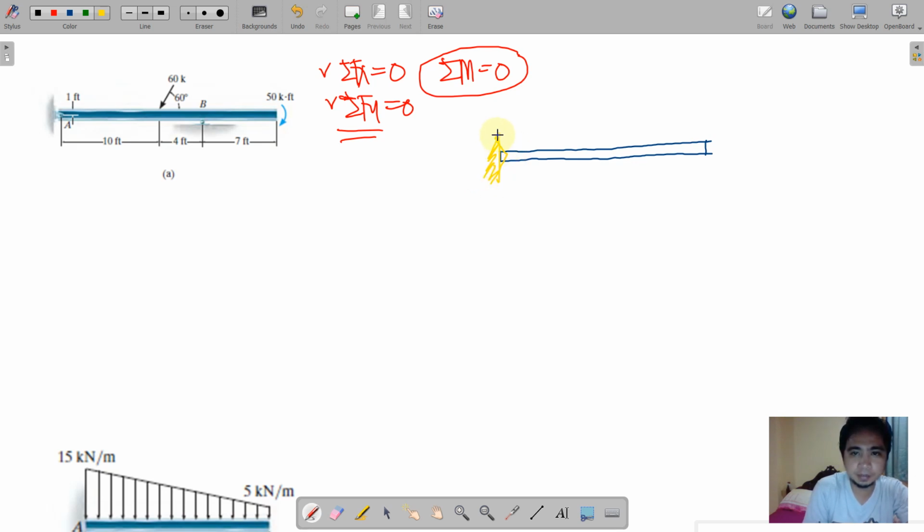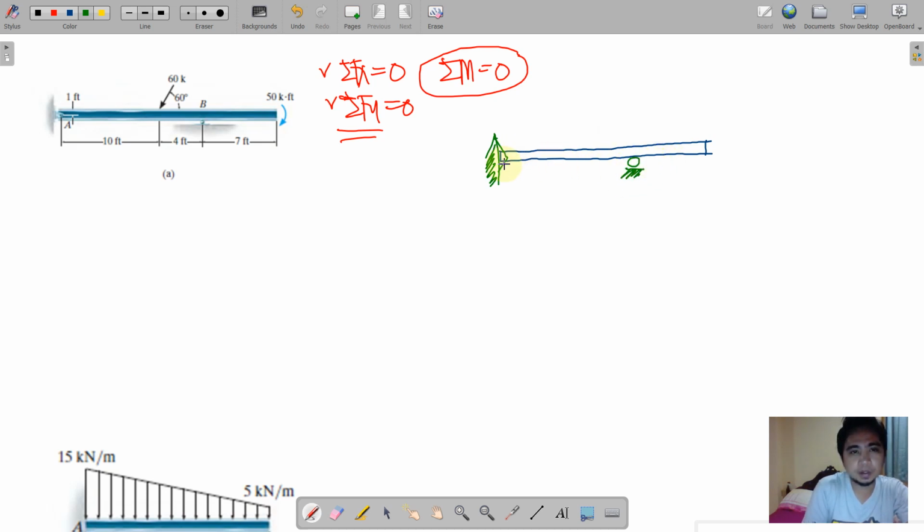So in this case, ito pin connection. This is a symbol for pin connection. So let us fix that one. Ito meron dyang pin and then roller here. Okay.